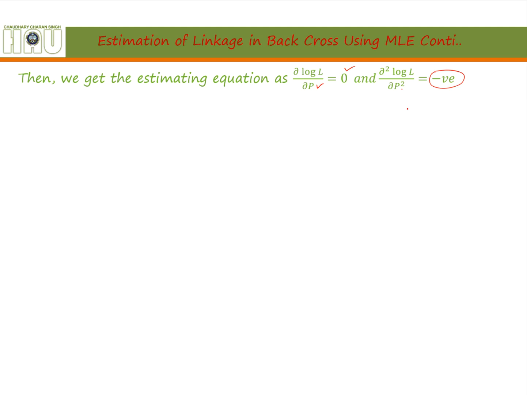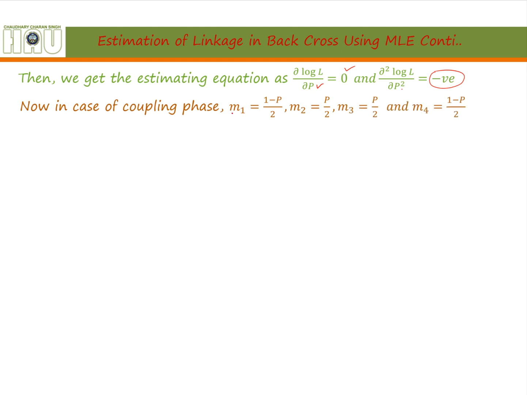In case of the coupling phase, our M1 is in coupling phase; these are parental types and these are recombinant types. So it is 1 minus P by 2. Please remember the last table: M2 is P by 2, M3 is P by 2, M4 is 1 minus P by 2.